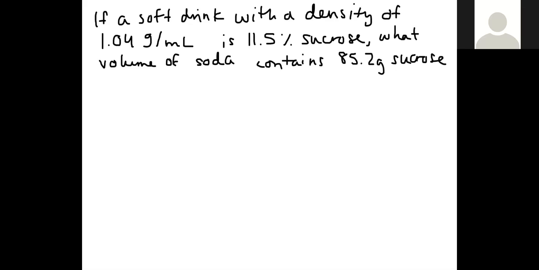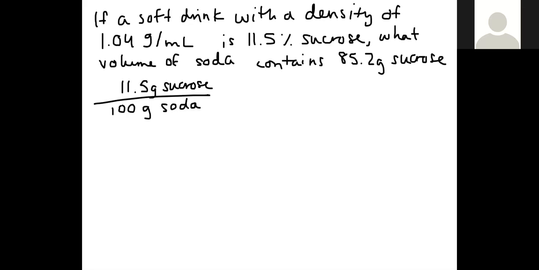So you're going to assume 11.5 grams of sucrose per 100 grams of soda. So first off, just take a look at that 11.5 and say, oh, we're going to assume that it's 100 grams of, we're going to just put it over 100 grams so that we can convert from grams of sucrose to mils of solution.